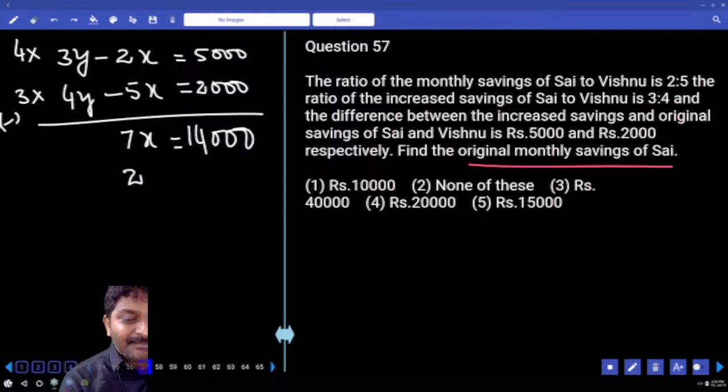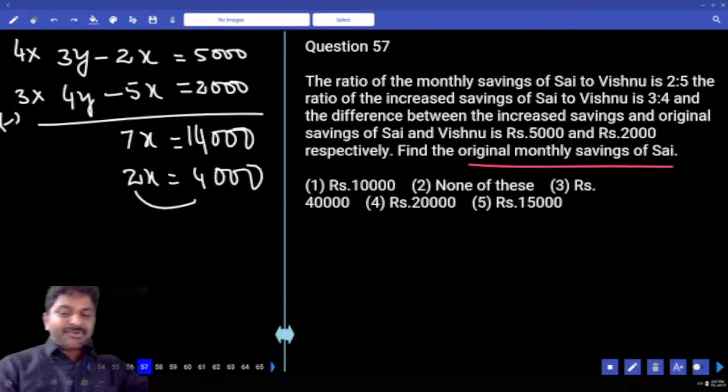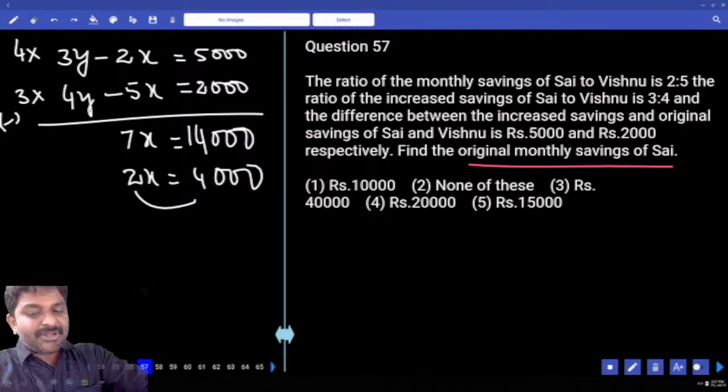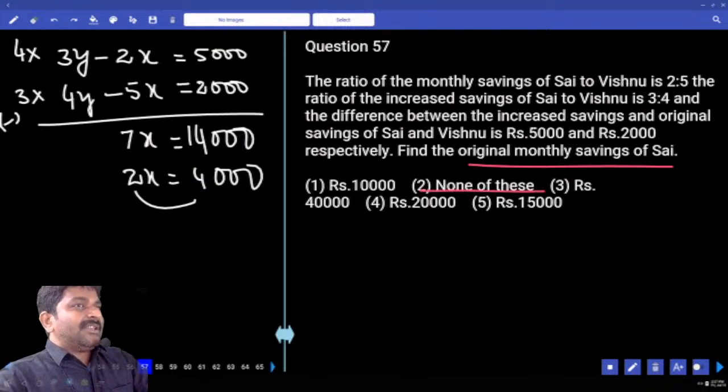How much is it? 2x. 7 how many times? 2 times. 2 times 1,000. Which option? None of these. 0 has importance. It is not third option. In third option you have 40,000. Okay?